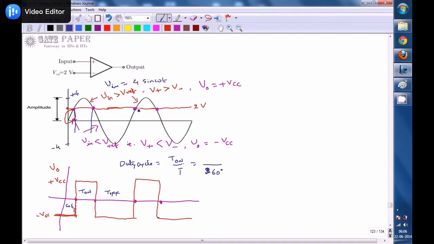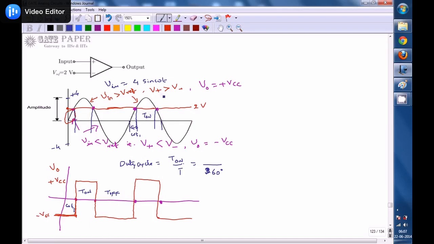So now I am going with this one. T on implies, since it is a sinusoidal signal, you can take any one cycle. This is T on, and this portion is going to start from 0 to this point. We are assuming that this is omega t1 degrees, and this is again going to be the same, because it is increasing from 0 to 2 volts, whereas this point is decreasing from 2 to 0 volts.